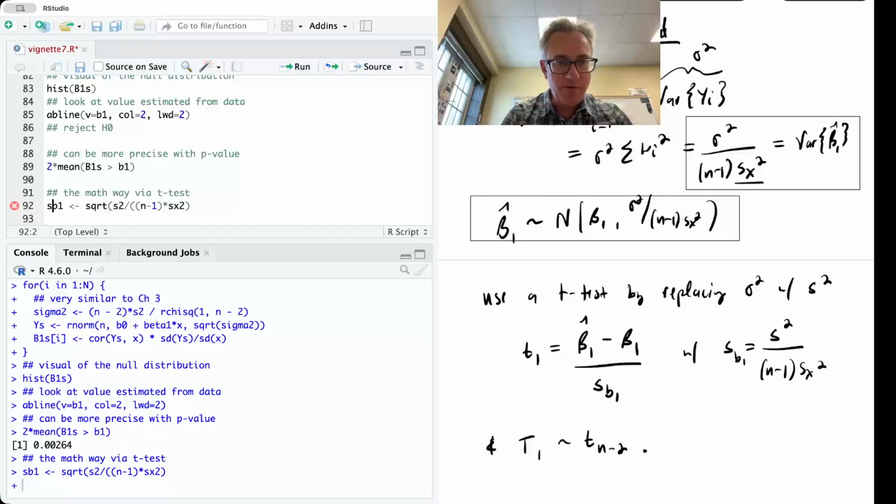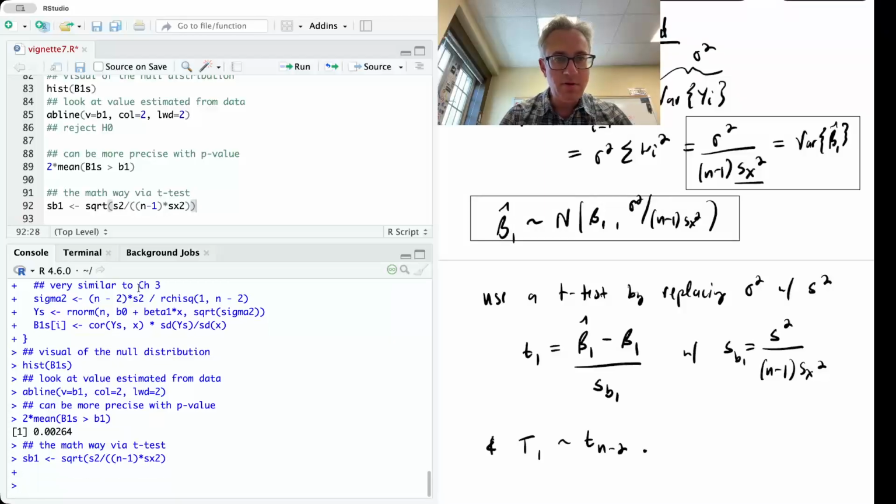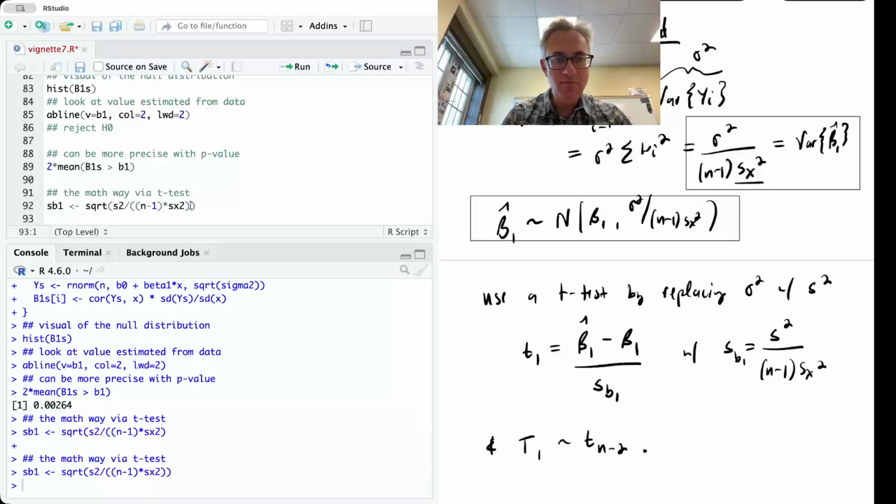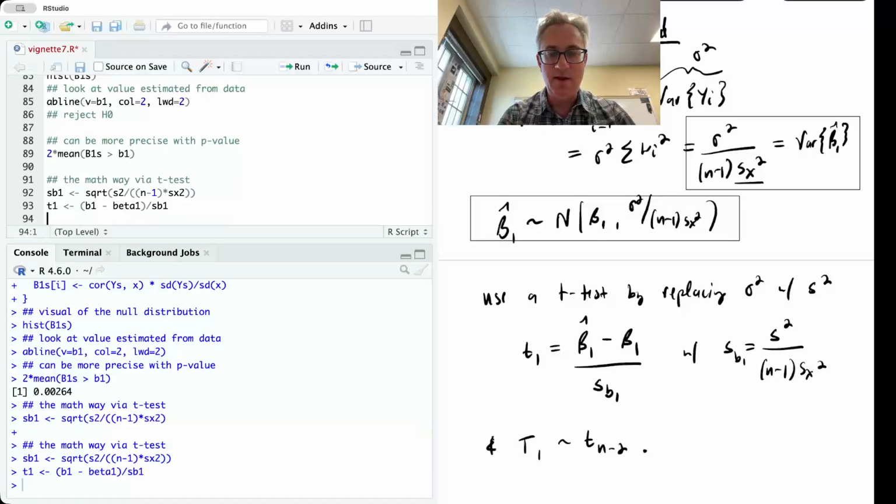Oops, I must have a parentheses problem. I didn't close the square root, so we'll do that again. And then my t-statistic is b1 minus beta 1, which is 0, divided by that standard error. And then I can do 2 times pt of minus abs of t1 and n minus 2 degrees of freedom.